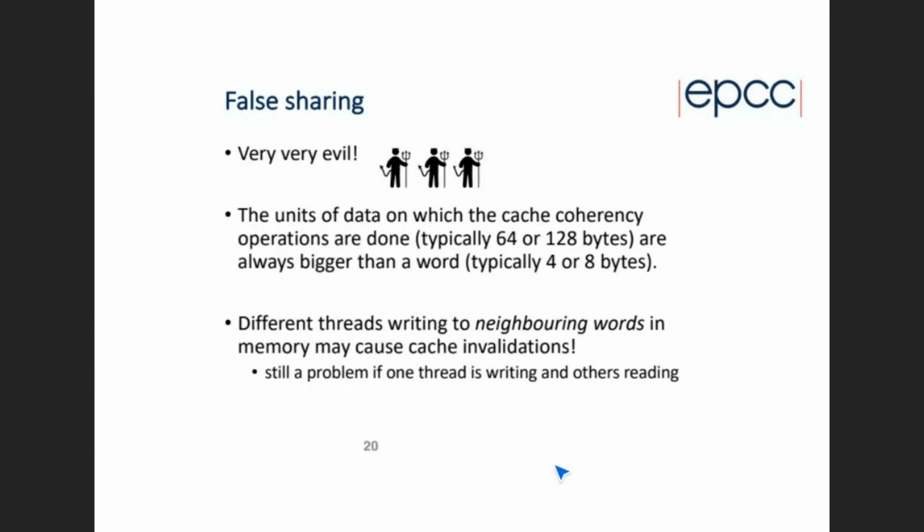Even though logically there's no communication going on in your program, no race conditions, I have different threads which are writing to different data items, but they happen to lie next to each other in memory, then this cache coherency protocol can still get triggered. And it's a problem as long as not everything is a read. If one thread's writing and other threads are reading, then you can still have problems.